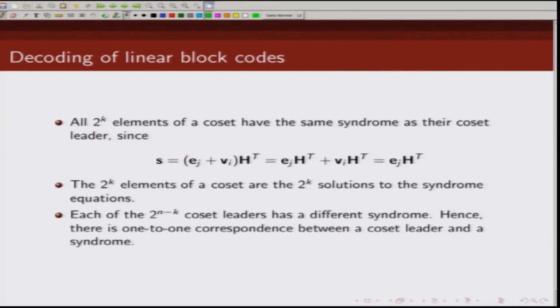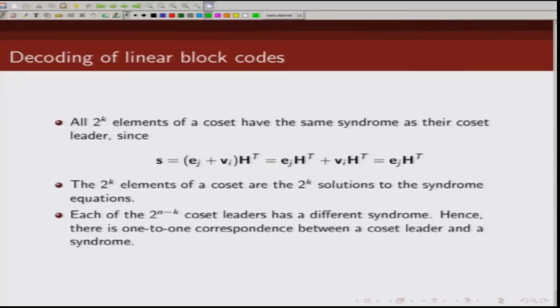And in the previous lecture we talked about that there are n minus k syndrome equations and n unknowns, and there are total 2 raised to k solutions, and you can see here each row has 2 raised to k elements and they have the same syndrome.